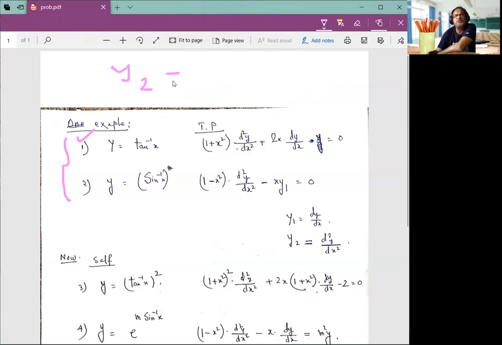So what is y2? y2 is nothing but d2y by dx2. So here, 1 plus x square into d2y by dx2 plus twice x into dy by dx is equal to 0. So this is the problem you have to solve.